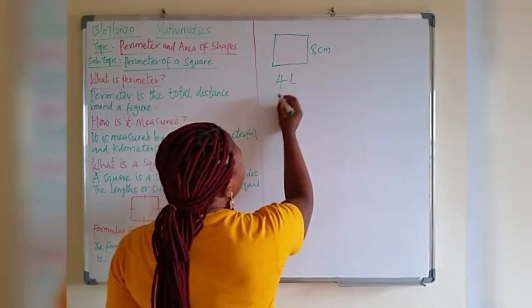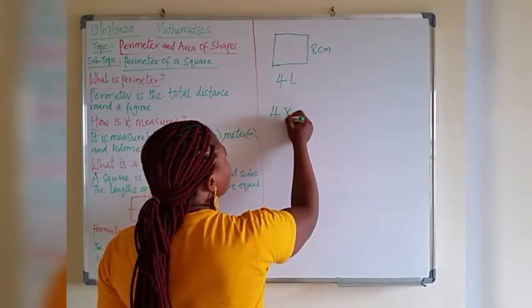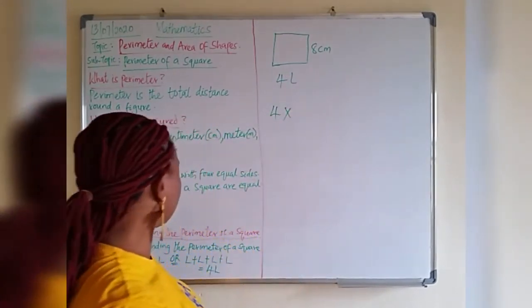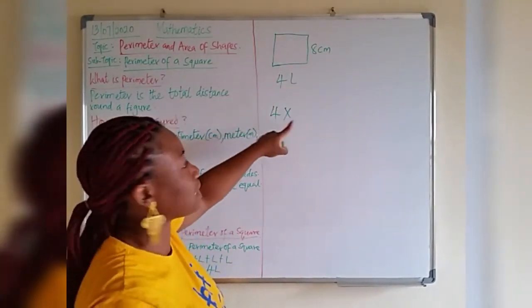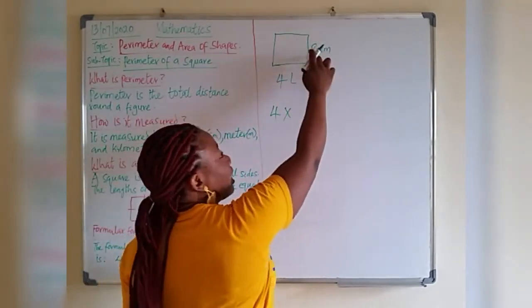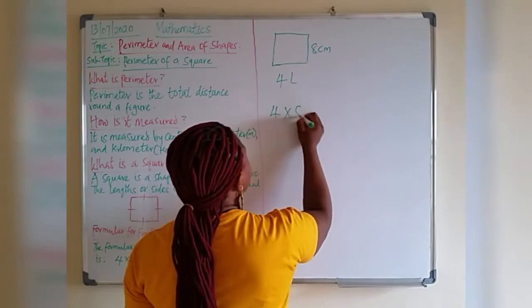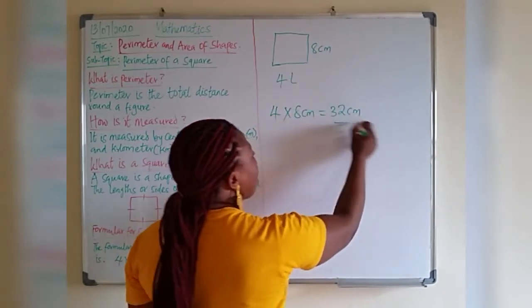We bring down, in the solution, our 4. Remember that 4 times L is what gave us 4L, right? So whenever you see 4L, it just means 4 times L, okay? So times L, L here is our 8 centimeters. So 4 times 8 centimeters will give us 32 centimeters, right?